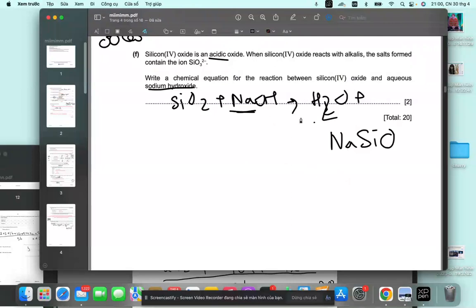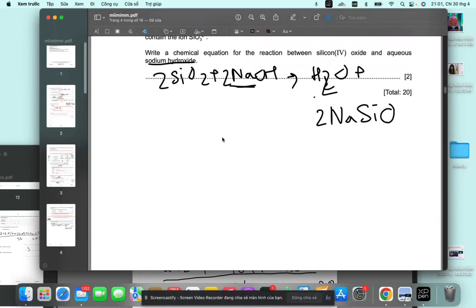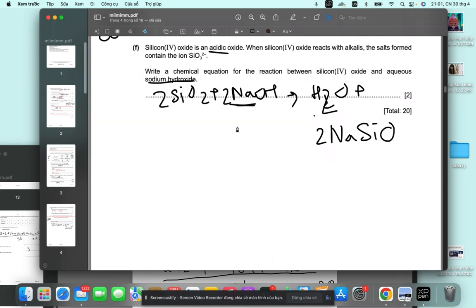Now let's balance it. How many oxygen do we have here? 2. We have 2 over here, so change it to 2. Which needs 2 silicon. I think this is balanced. If it's not balanced, I will recheck. Let's see, 4.